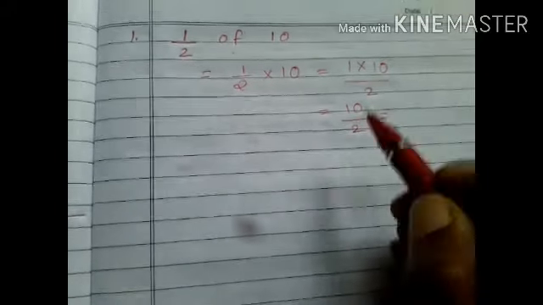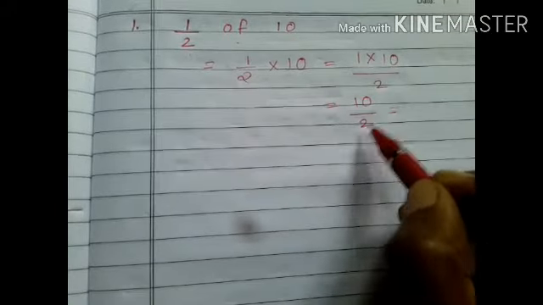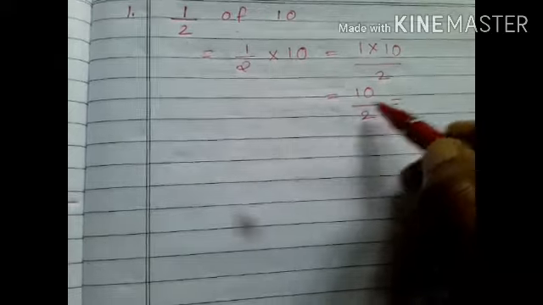So we write 1 into 10 divided by 2. 1 into 10 is 10 divided by 2. Then here we cancel or divide the numbers. We get the answer 5.